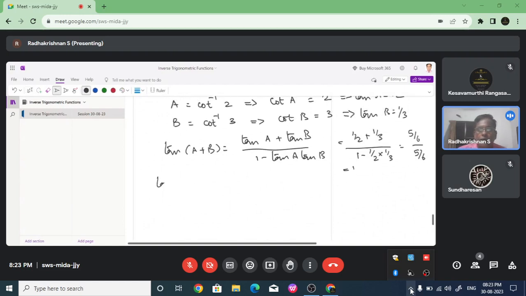So now we have tan A plus B equal to 1. What is A plus B? Pi by 4, sir. Very good. So tan theta is 1, so theta is pi by 4. So A plus B is pi by 4 in a triangle.